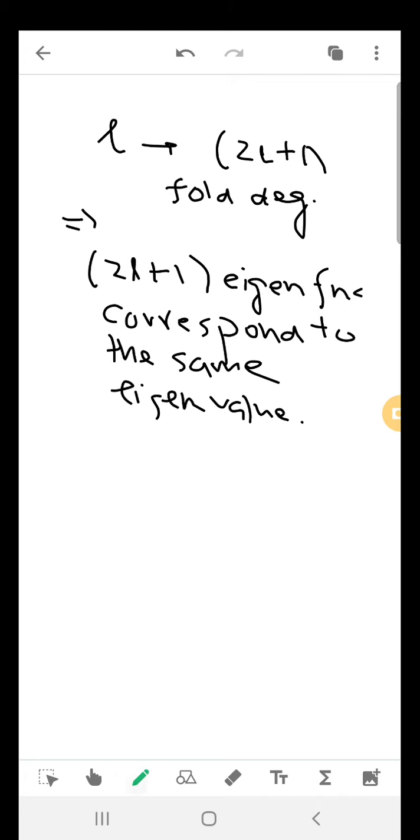Which is L into L plus 1 h cross squared.